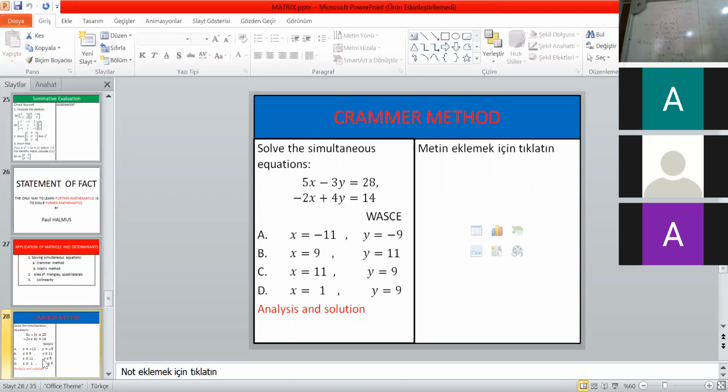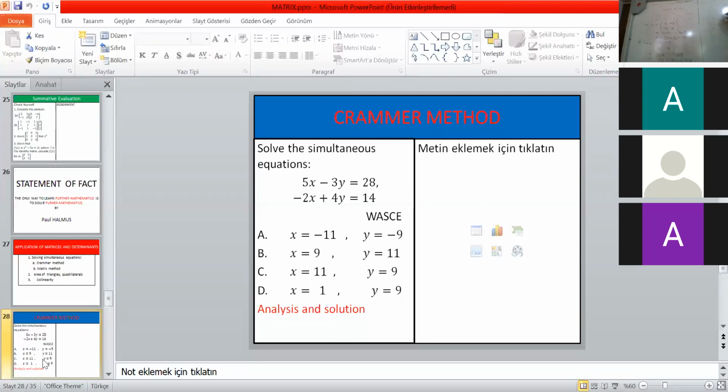How to obtain y? We want to look for y. What is the approach? Let delta y be this. Now 5 times 14, 70. Minus, please watch, minus, this one brings plus.